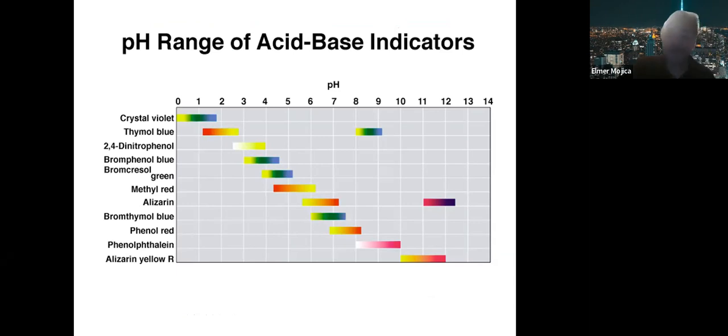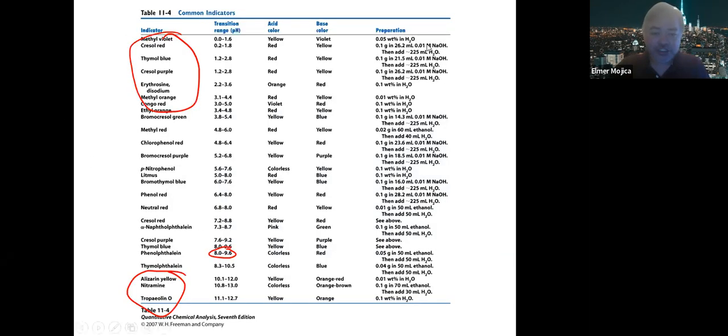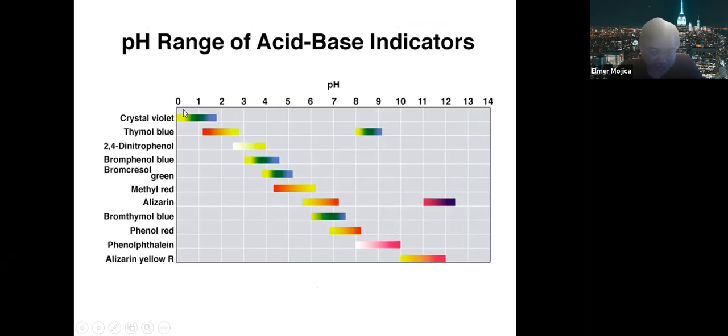If you're given a multiple choice question like this, what is given to you is the transition range. Without the transition range, you cannot answer it, so it will be given to you here. Then you will be asked which indicator can be used at pH range 5.